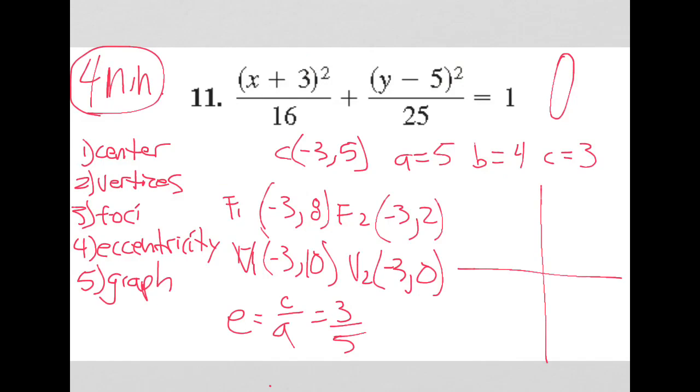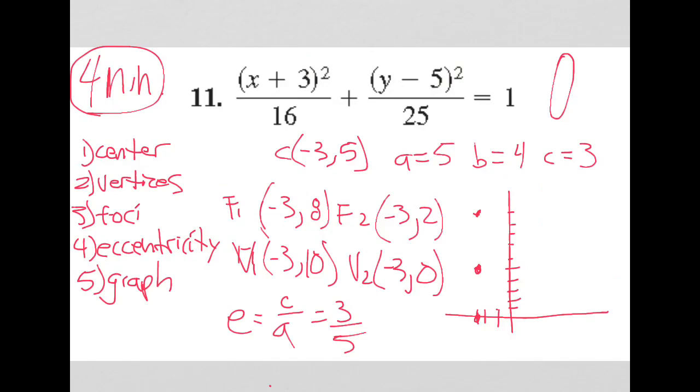And we can sketch this in real quick. The center is at -3, +5. So let's go 1, 2, 3, 1, 2, 3, 4, 5. There's my center. Now I need to go up 5 for my a value, so 1, 2, 3, 4, 5. And down 5 for my second vertex right there.